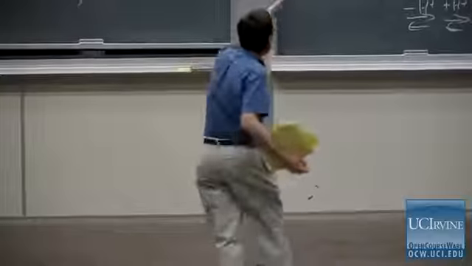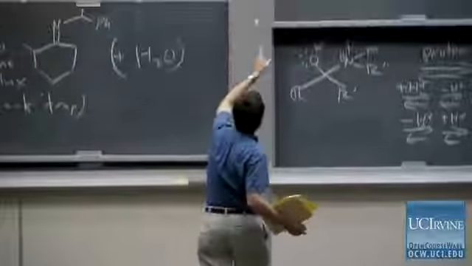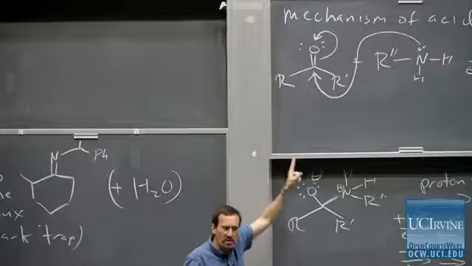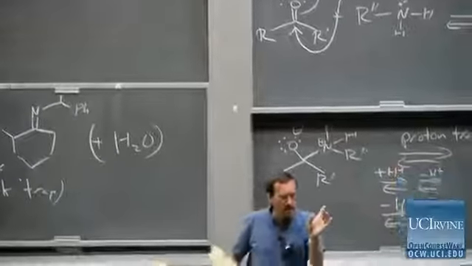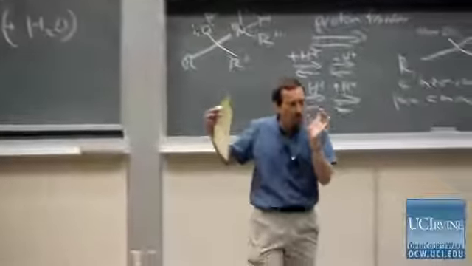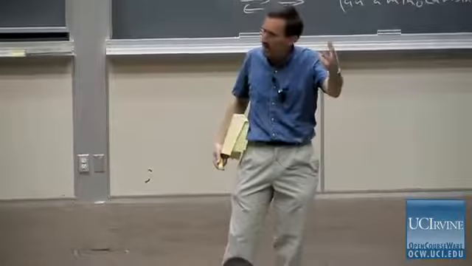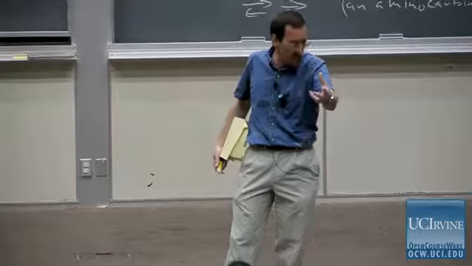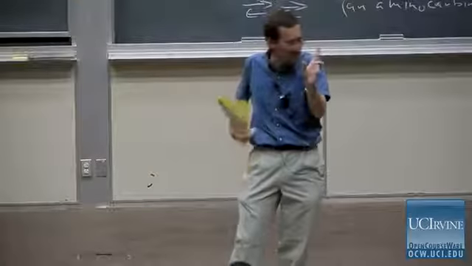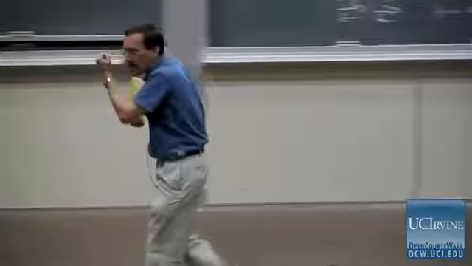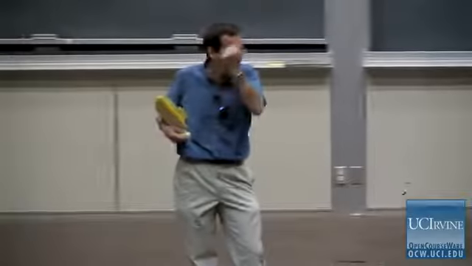A carbonyl is a relatively weak base. It's weaker than water. Water has a pKa, for the conjugate acid, the hydronium ion, of roughly negative 1.7. A carbonyl group is even less basic. It's sp2. The electrons are held more tightly to the oxygen atom.